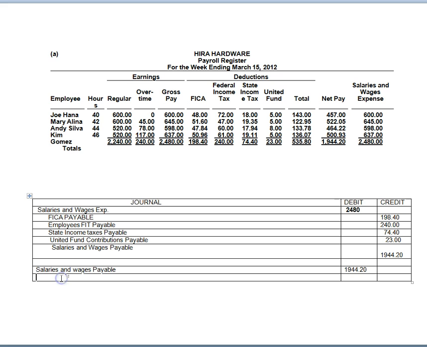And this is a check which we're going to grab from, I'm going to be specific, cash in bank. That's going to be our regular checking account, which we draft the money from, and we basically transfer it to a separate payroll checking account. So that's the same amount, 1944.20.